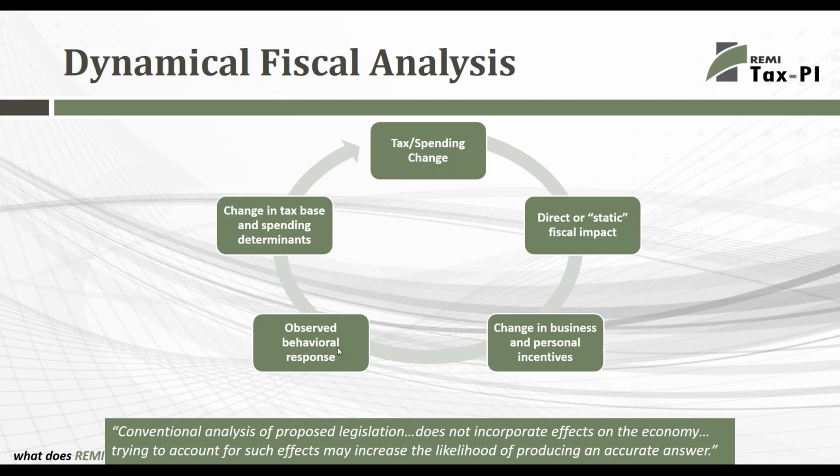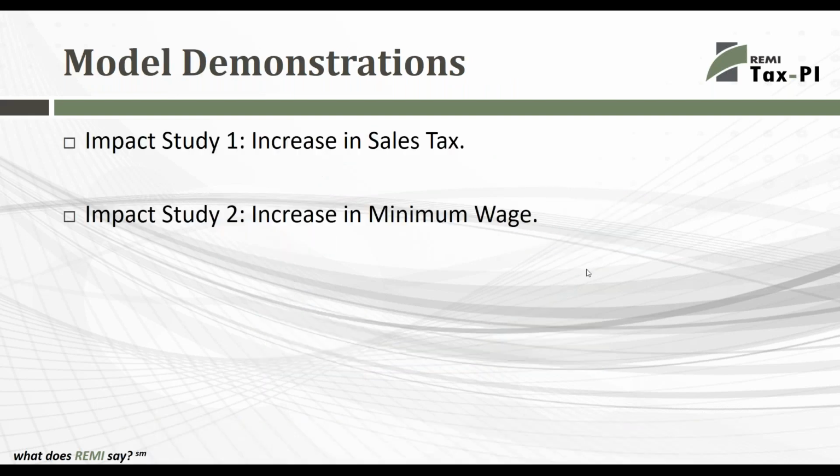Responses to changes in business and personal incentives. Then also you will see some changes in tax base and spending determinants. So after going through all these chain reactions, we will eventually see some changes in tax and spending. Okay. All right then.